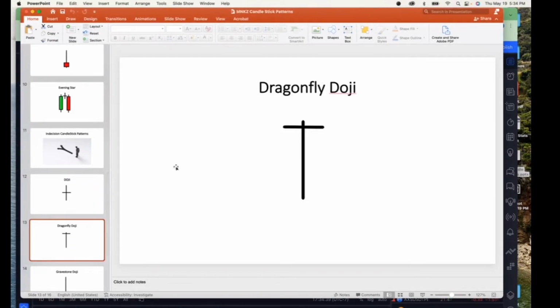Next one is the dragonfly doji. The buyers are more in control with this one because the bears pushed it all the way down, and then the bulls pushed it all the way up, but it didn't finish with a strong body to create a hammer.